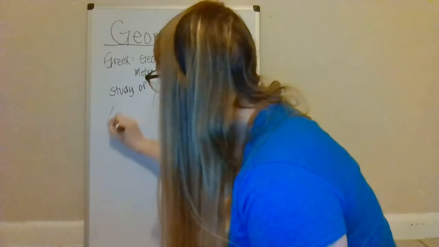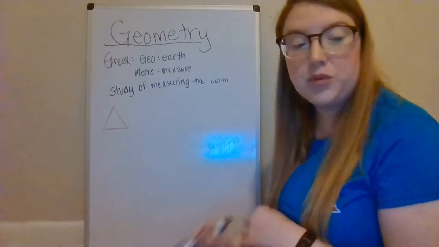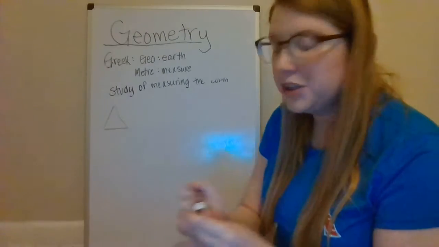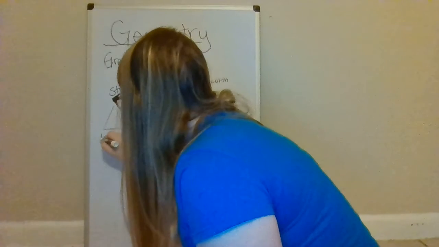One of the shapes looks like this. And what shape is that? I'm just using the brown, so I'm going to switch over to the black. That is a triangle.